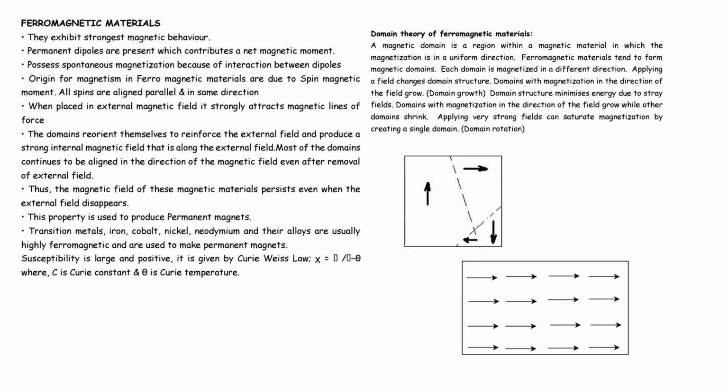And the other one is ferromagnetic material. Here also the atom possesses its own dipole moment. But in ferromagnetic materials, dipole moments in similar directions group together to form what are called ferromagnetic domains.